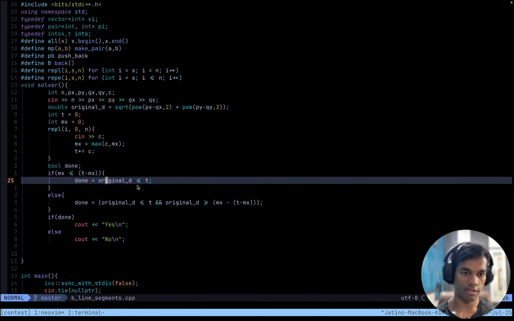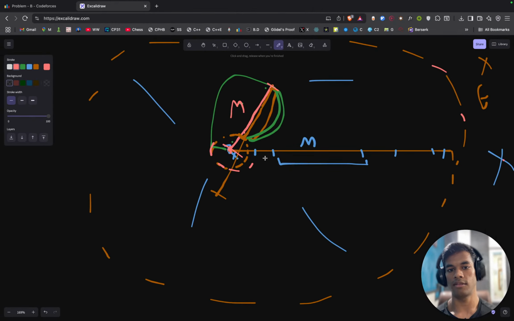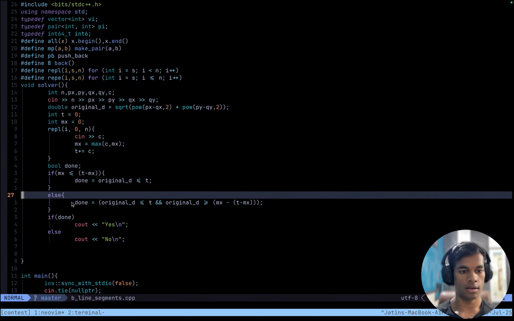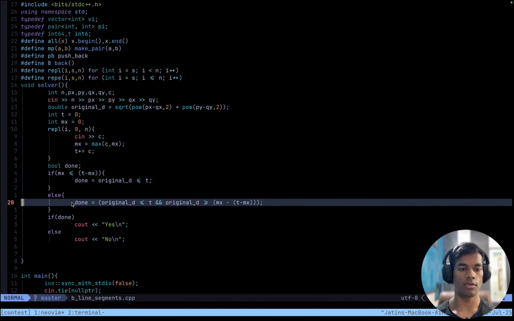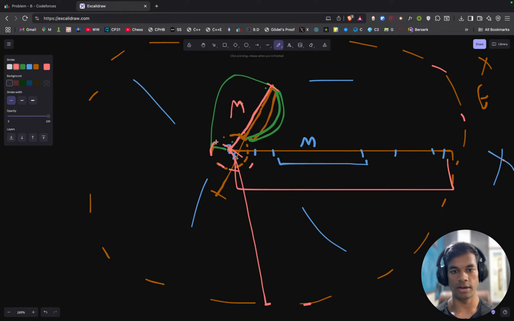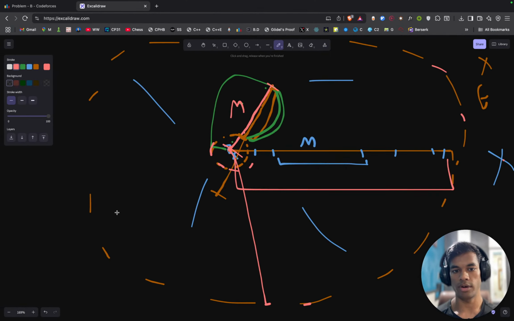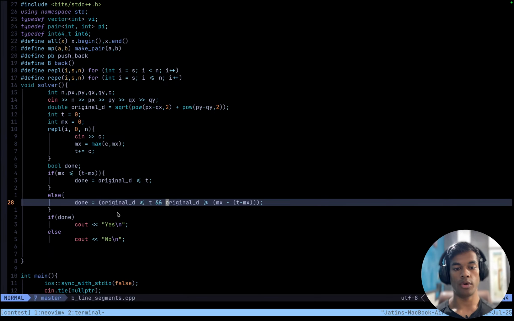So if original distance is less than or equal to t, that is, if the distance that I have to move to reach the end point is lower than or equal to the total distance that I can go, then it is true. Else, I know that there is some inner radius and some outer radius, and I have to compare the original distance with both. First of all, original distance has to be lower than the outer radius, and original distance has to be greater than this.